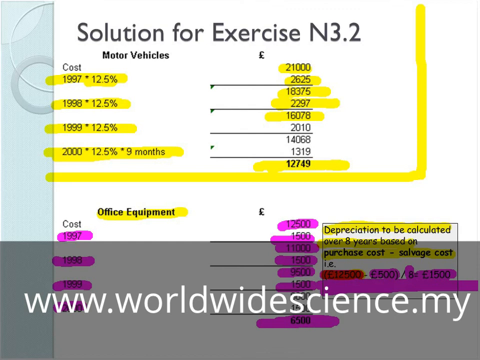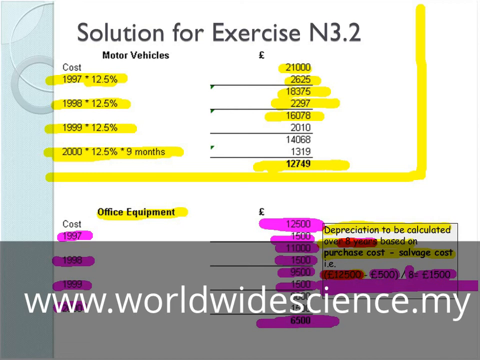So you must remember, first, how you do the calculation. For the straight line method, you check the cost of the assets and divide by the years, for how many years you're going to use your assets. For the lifetime of the assets, here is given 8 years.